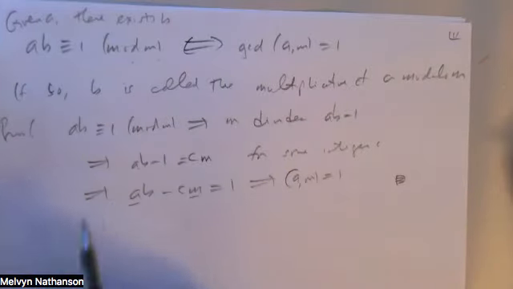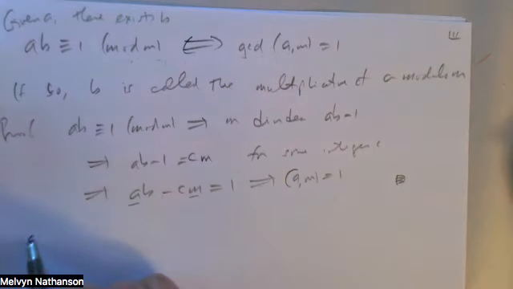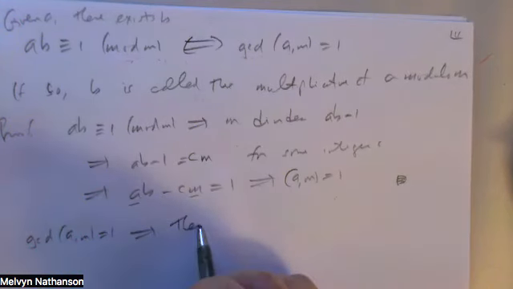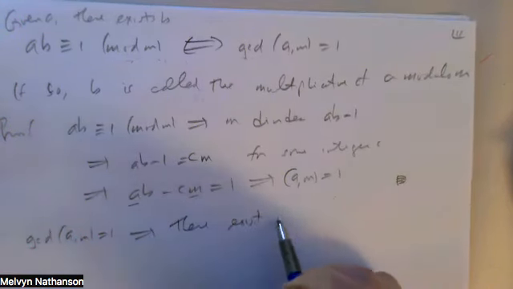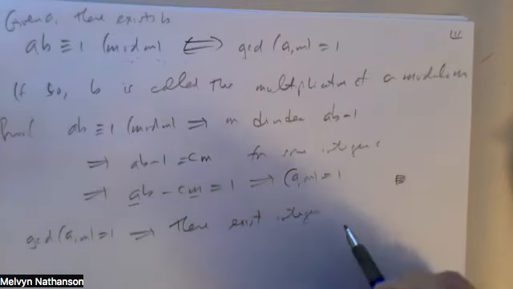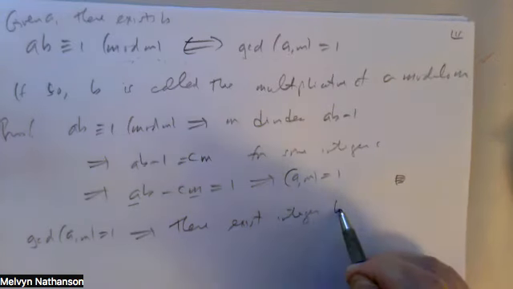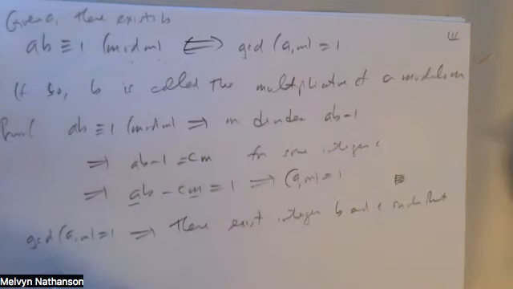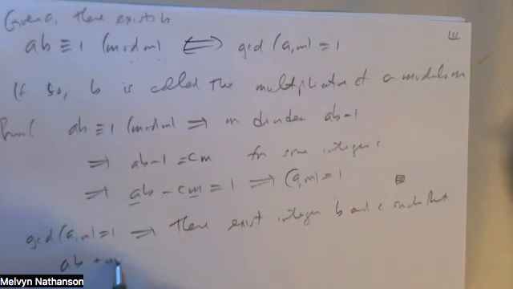And what about the proof in the other direction? If the greatest common divisor of A and M is 1, that means that there exist integers, U and V, or I'll call them B and C, such that AB plus MC equals 1.